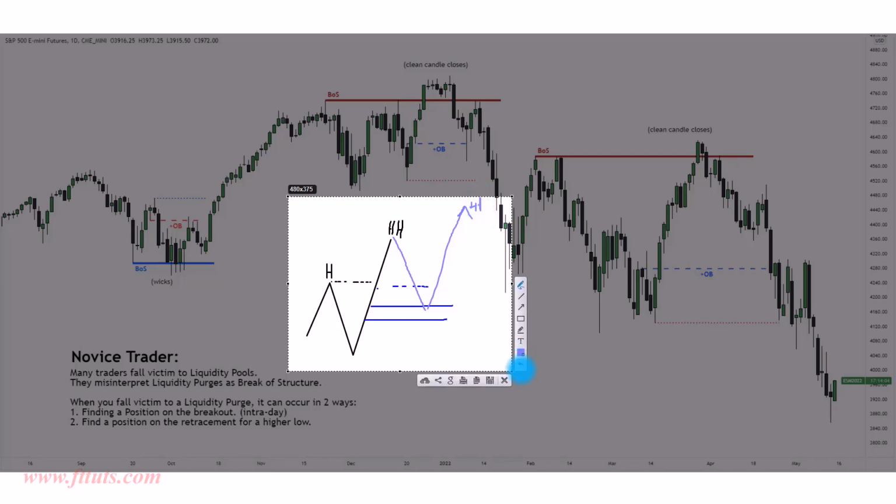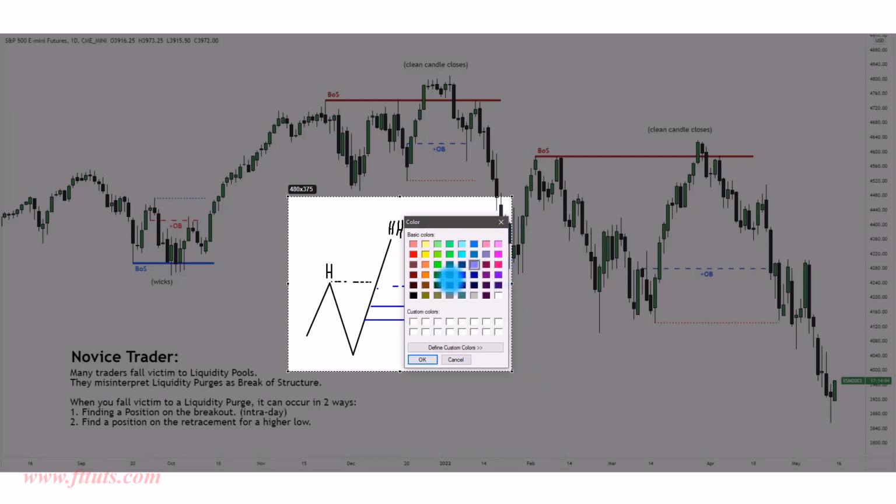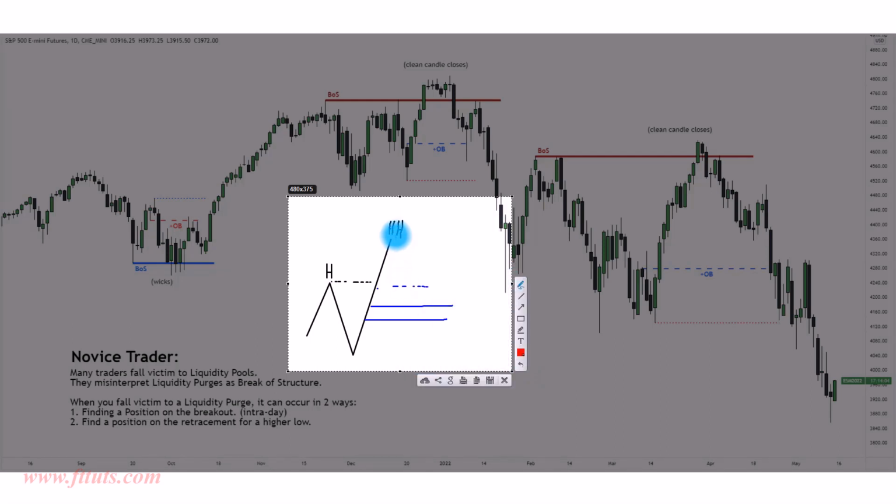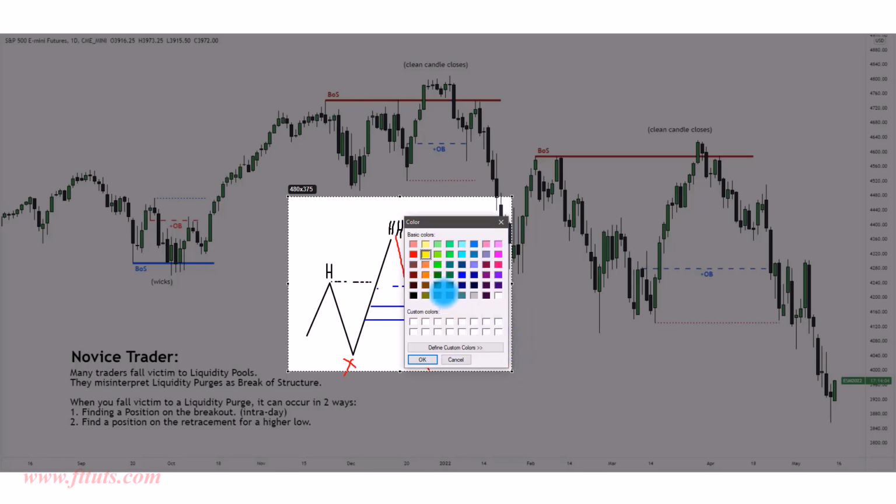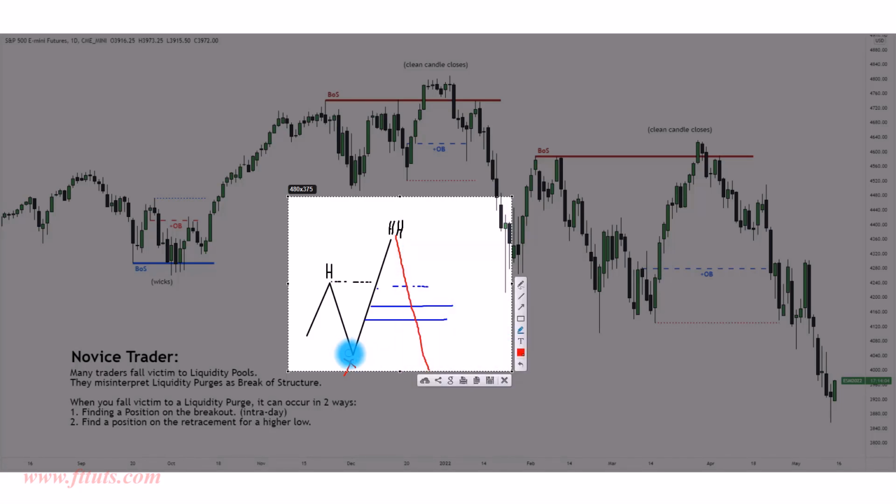But what instead happens is something like this: price completely disrespects their level and just comes with this low. Which makes this move right here the purge, and they fall victim to it.